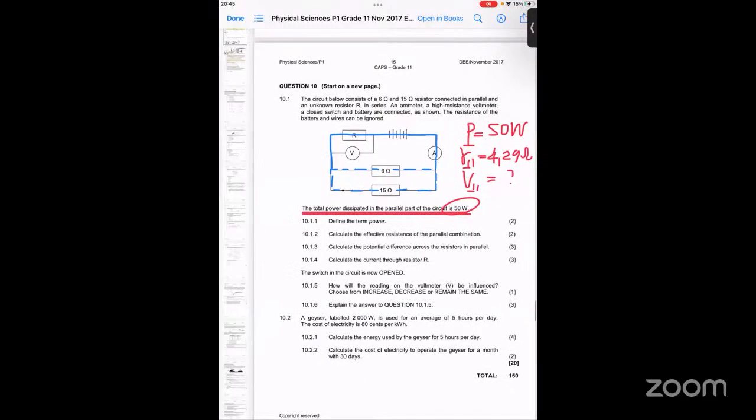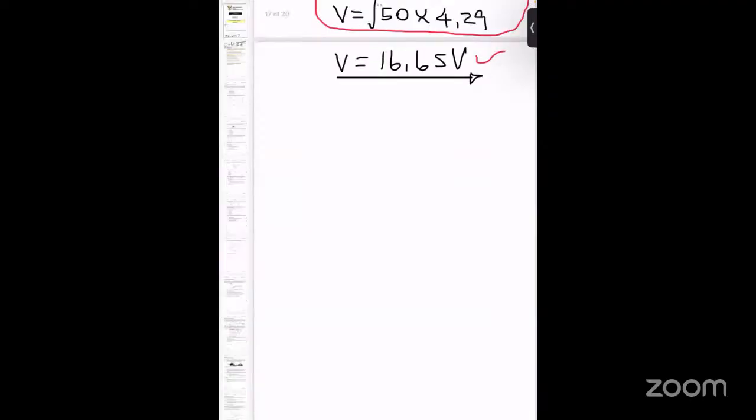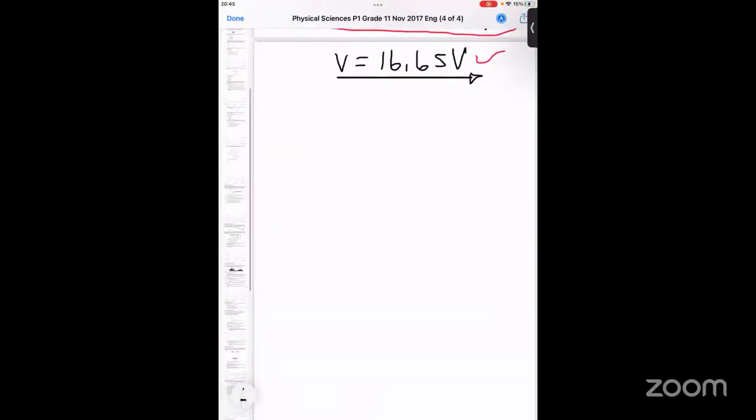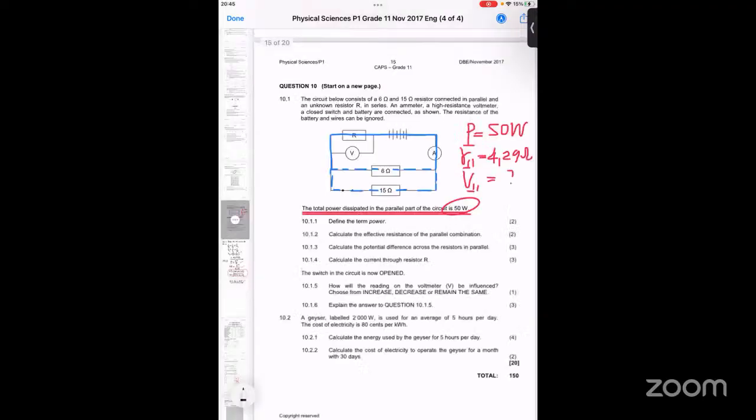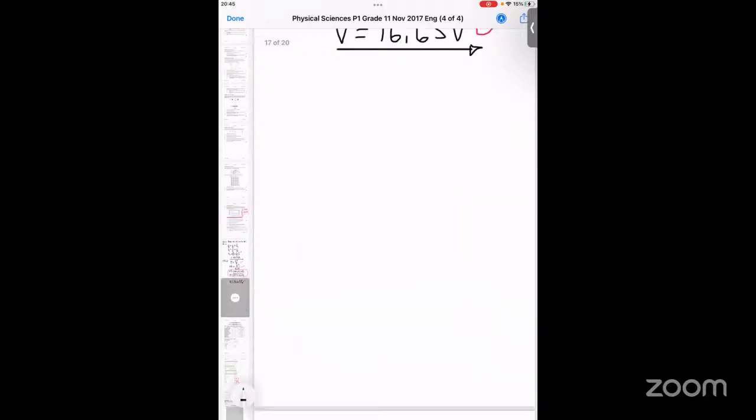I'm just going to explain now in terms of how you work it out. So, let's see. What question is that? This is question 10.1.4.